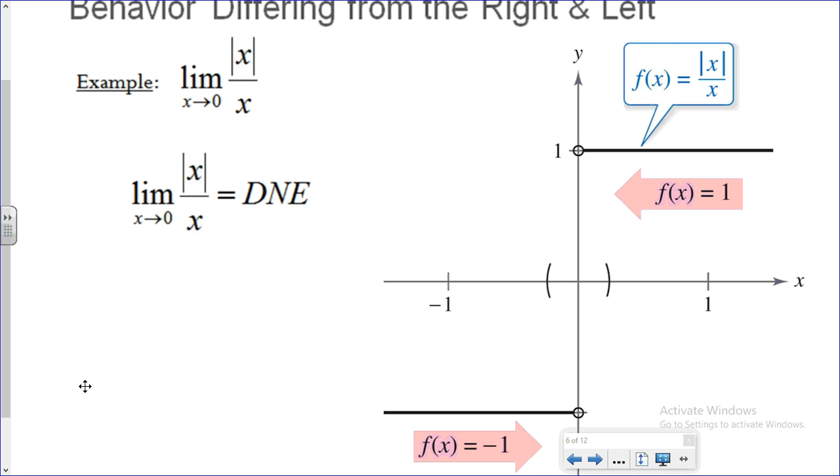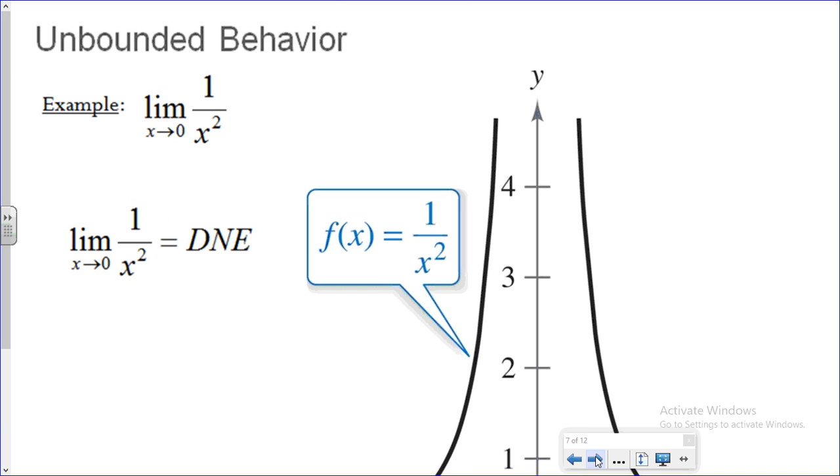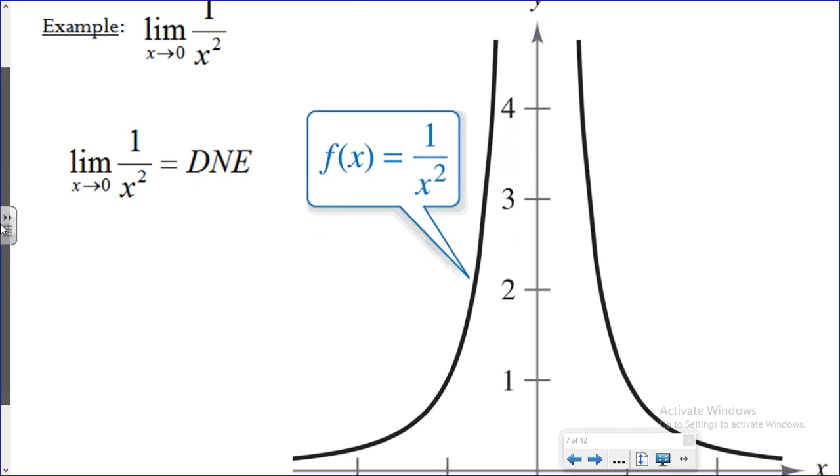The second way a limit fails to exist is when it increases or decreases without bounds. What do you think that's going to look like? It's just going to keep rising or keep falling. So here's an example of an asymptote.